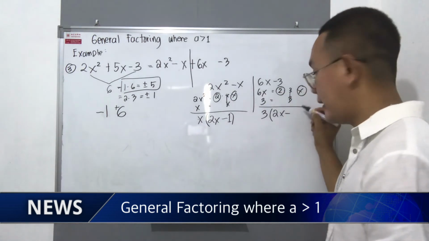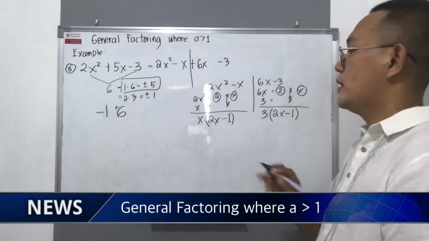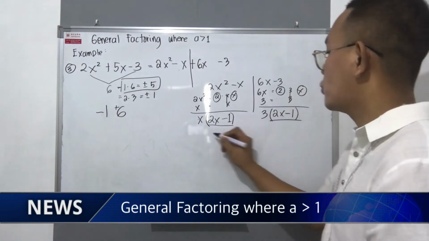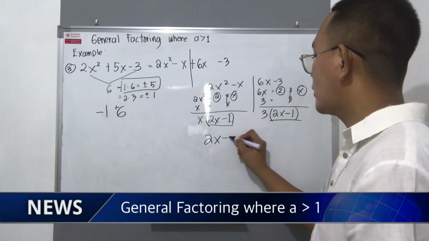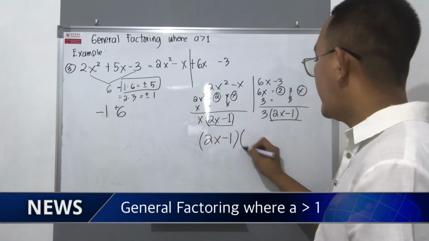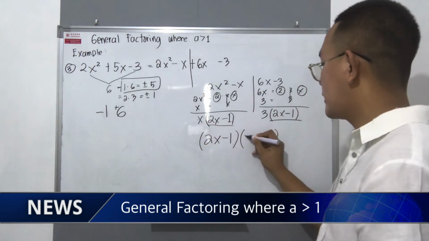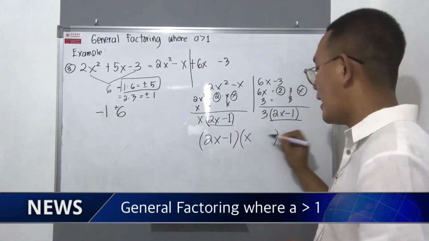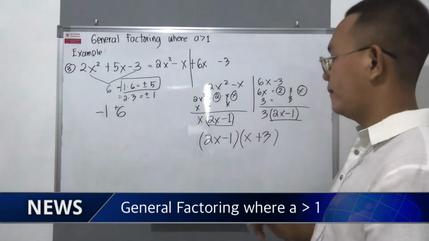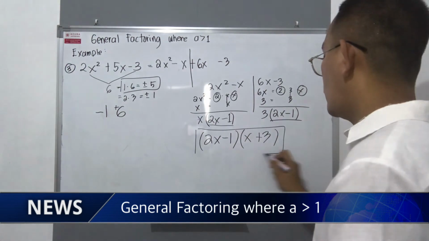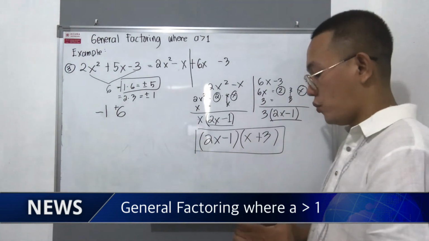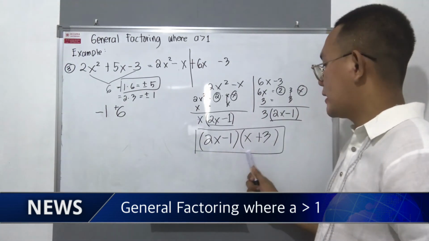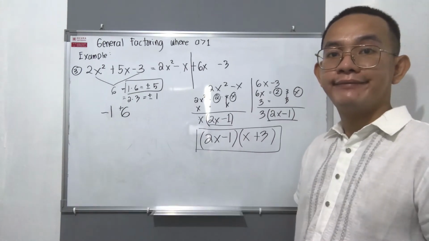So, pag walang natira, ang lalagay natin ay 1. Okay, ang common natin is 2x minus 1. So, first factor natin is 2x minus 1. And then, the second factor natin is x. Since positive, siya ay plus 3. So, final answer natin is equals to 2x minus 1 times x plus 3.